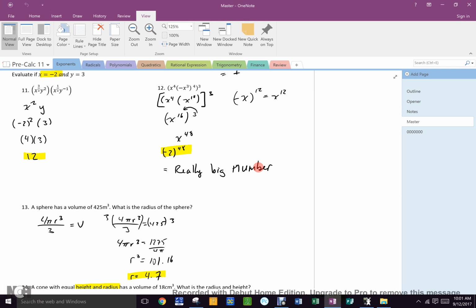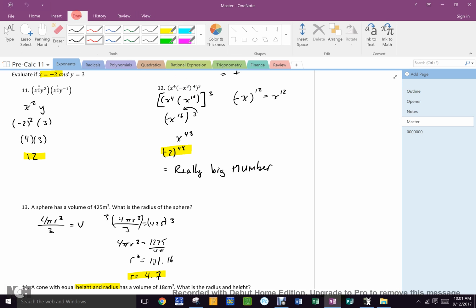Everybody asks about 12. So what is happening, again, right here? Don't tell me what to do. Tell me what's happening. I have negative x cubed how many times? 4 times, right?